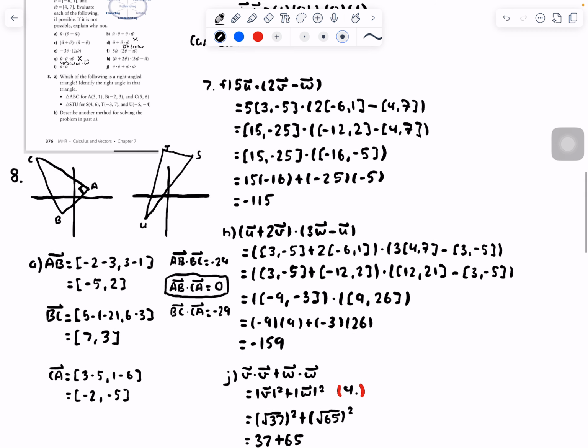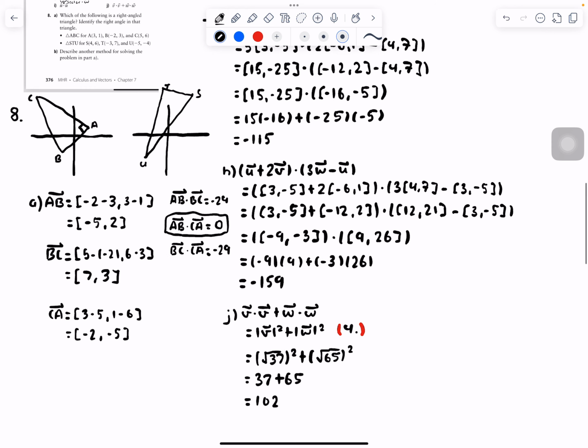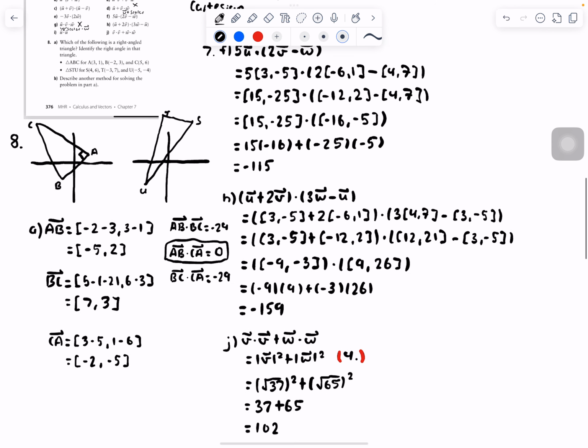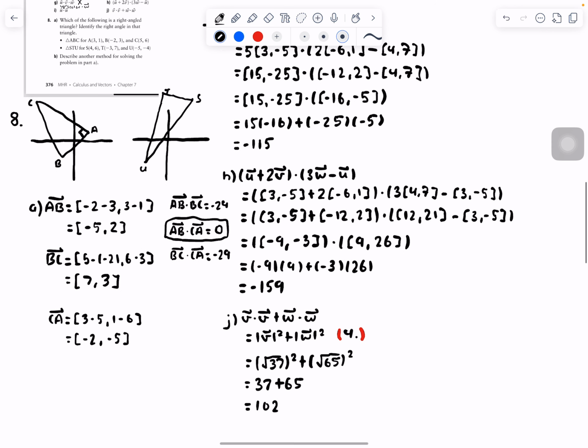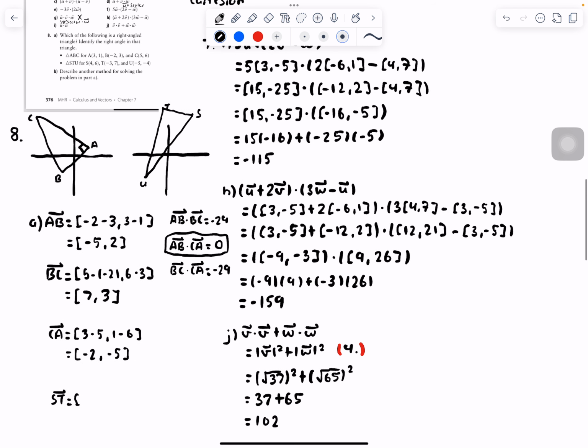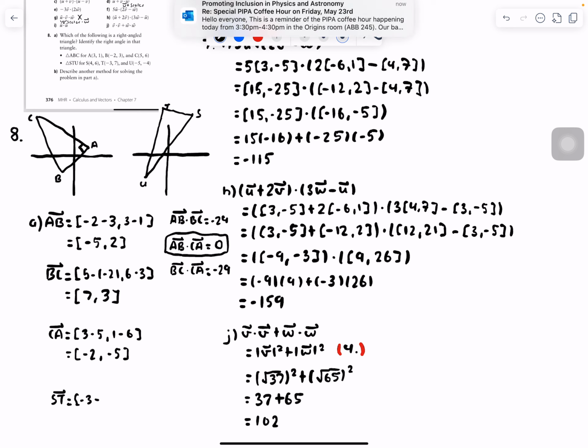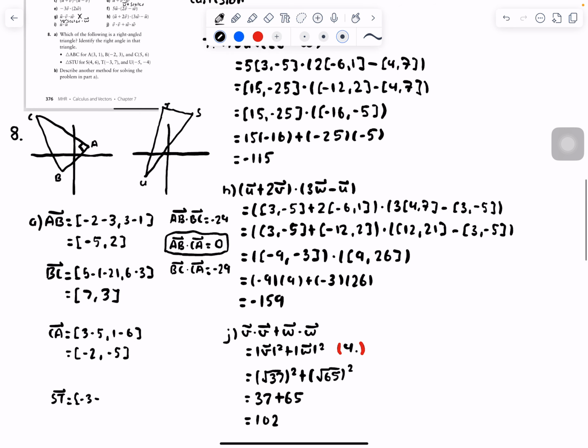That's good. Now let's do the same thing, same ordeal for the STU triangle. So let's find the viable side lengths. So ST, we have negative 3 minus 4 and 7 minus 6.